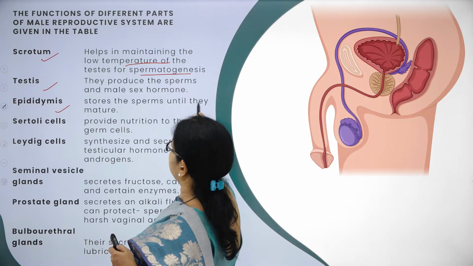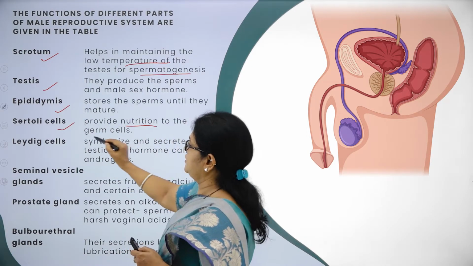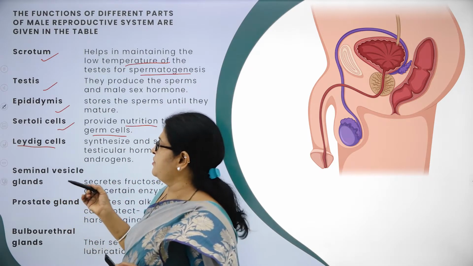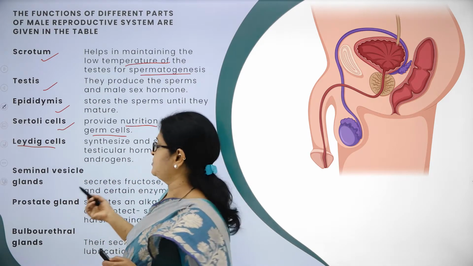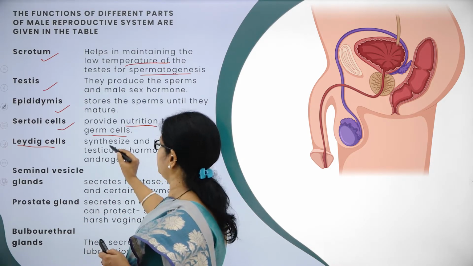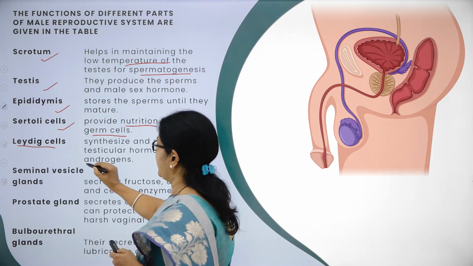Epididymis stores the sperm until they mature. Sertoli cells provide nutrition to the germ cells. Leydig cells, what is the other name for Leydig cells? It is otherwise called what? Interstitial cells, which are found in the interstitial spaces of the seminiferous tubules. And what is the function of Leydig cells? To produce or secrete what? Androgen.